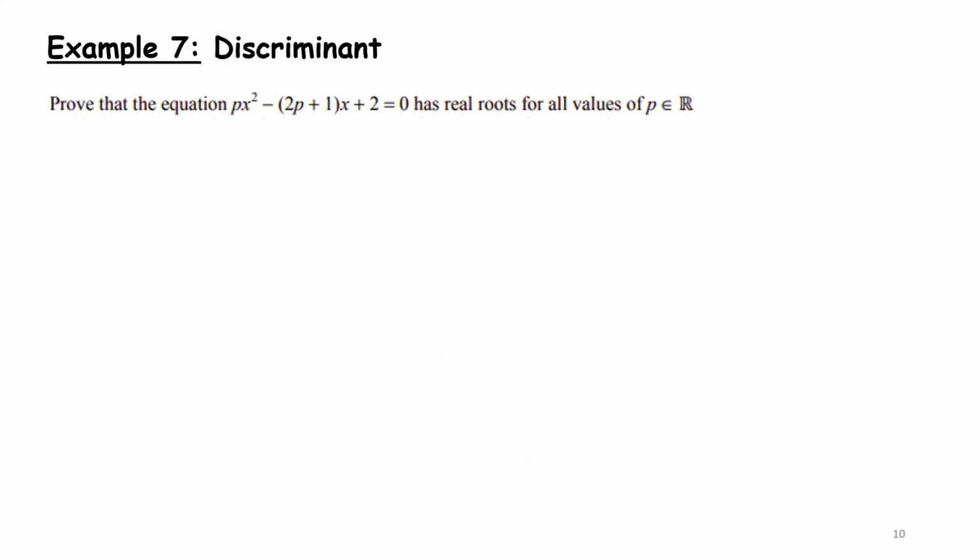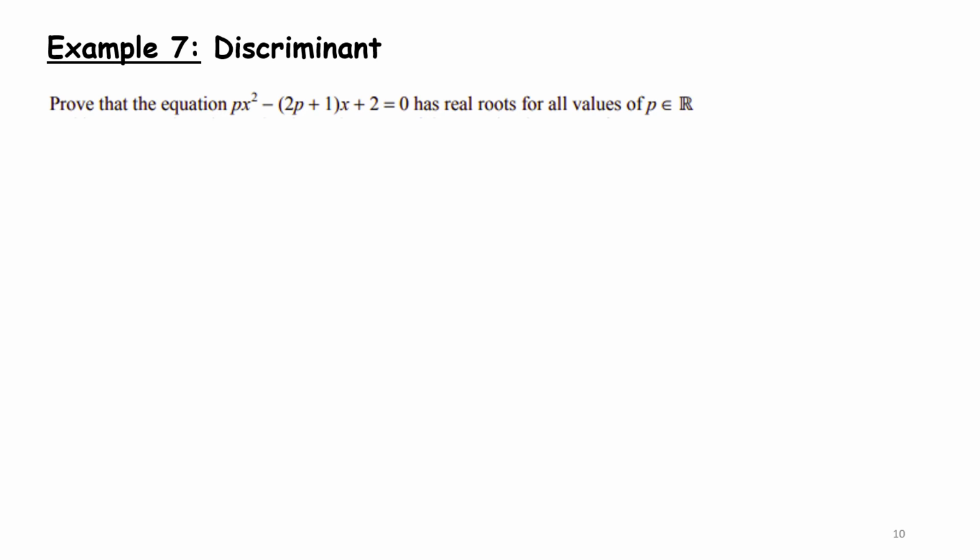Example 7. A lot of these questions that we've been practicing have been quite straightforward in what they've been asking. They've given us the inequality and asked us to prove that it is true. It is more likely in an exam situation that we won't be given a question like that, but given something like this.